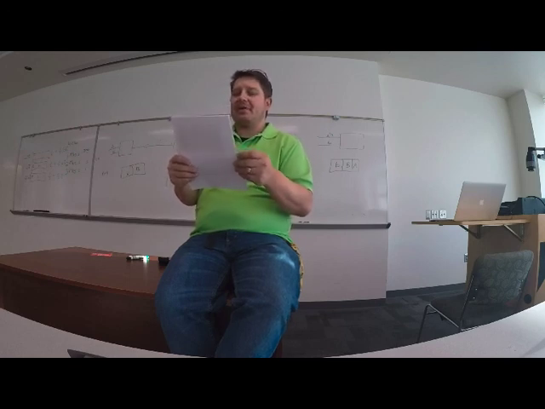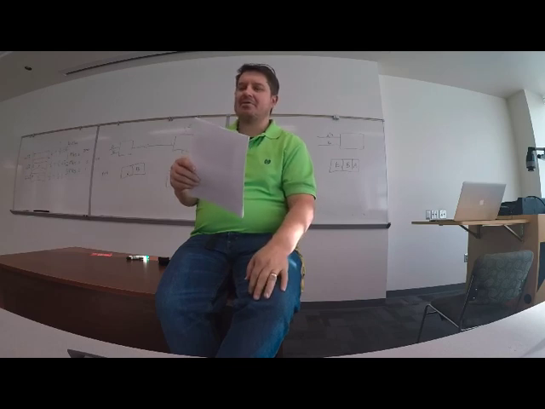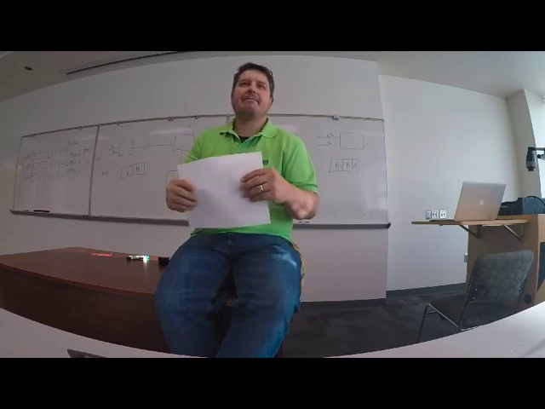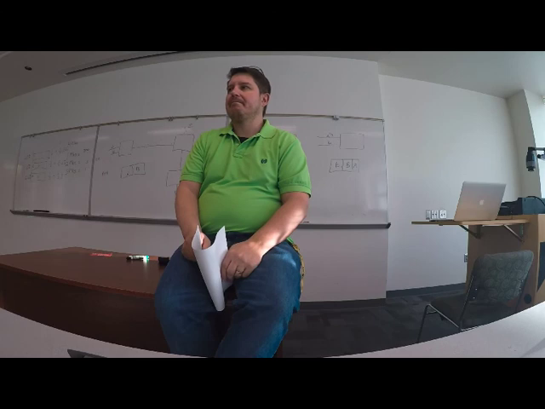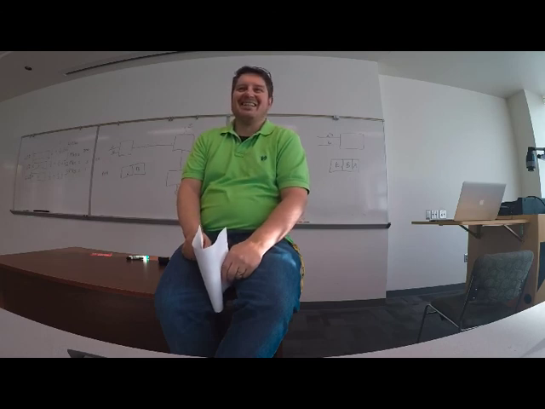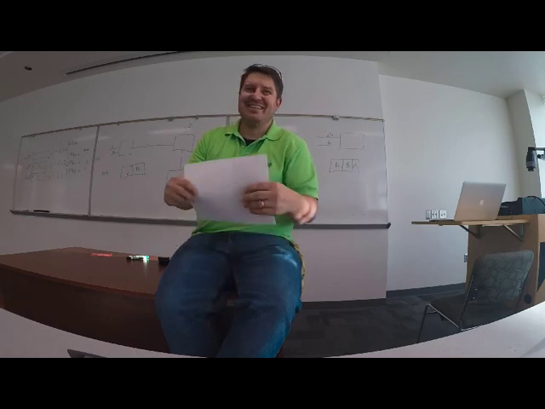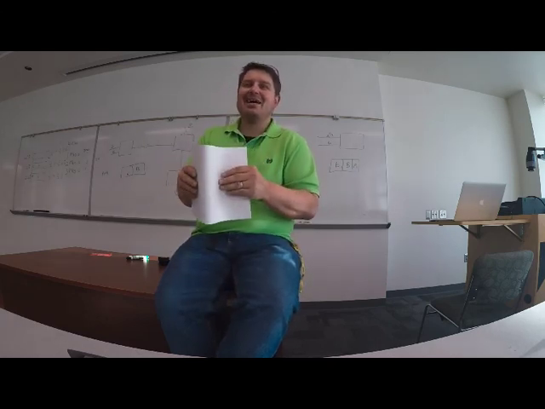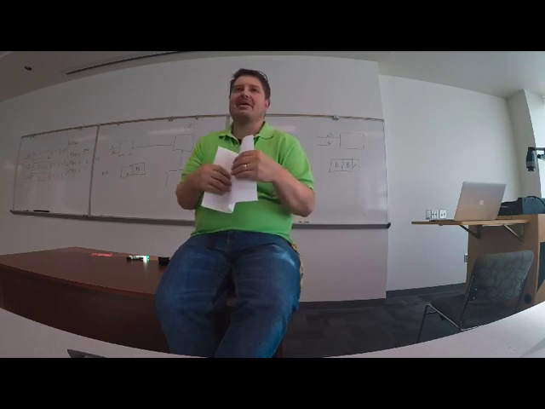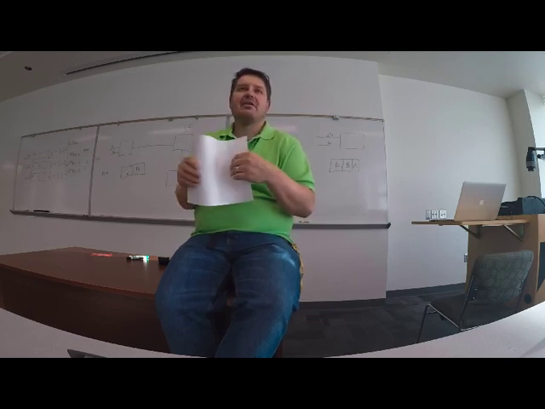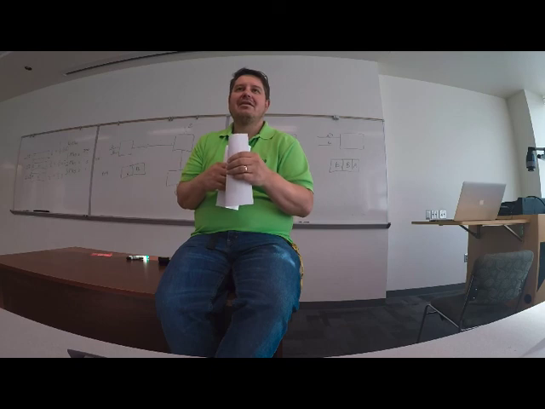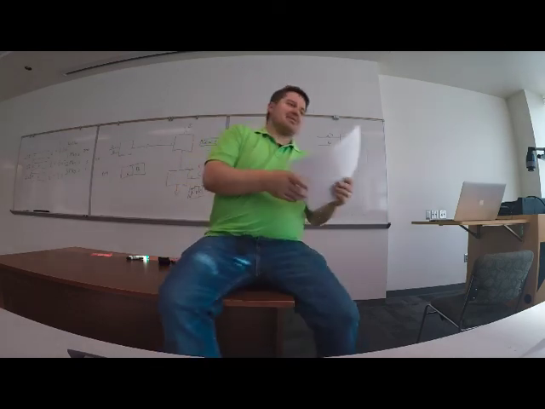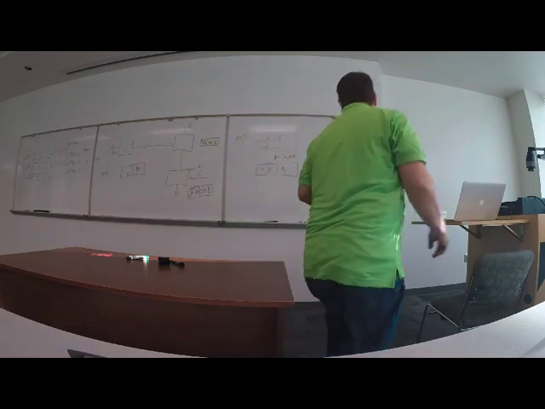How do you figure out how many computers are in a subnet? Possible computers. How many IP addresses are in a subnet? How do you figure that out? Look at the subnet mask. Yeah, but you're given the subnet mask. How do you actually figure that out?